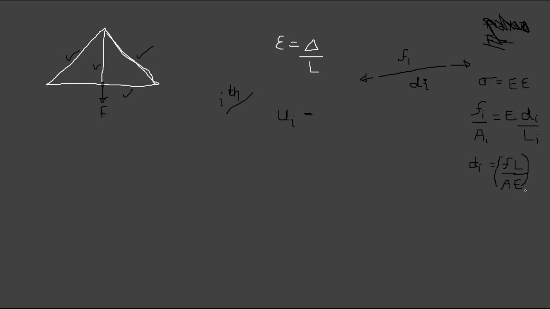So all of them have subscript i, right? If you need, you can write Di as this, a function of Fi. I have written i from the outside, so each of these has i: Fi, Li, Ai. If the material is different, that will be Ei.